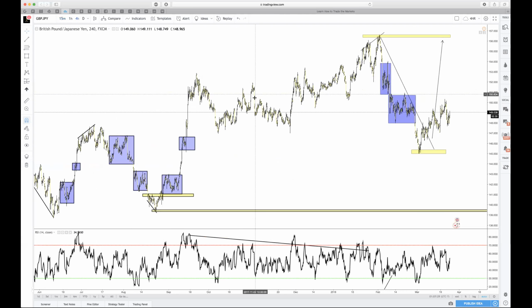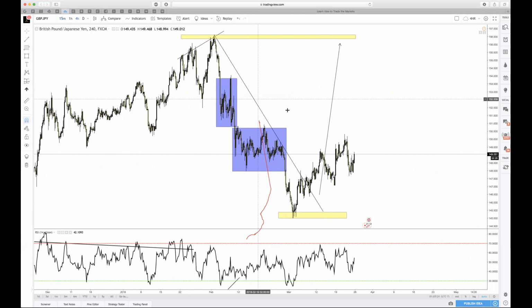I don't see anything. But on a 4-hour time frame, okay, now on a 4-hour time frame, there's an M, there's a divergence right here.